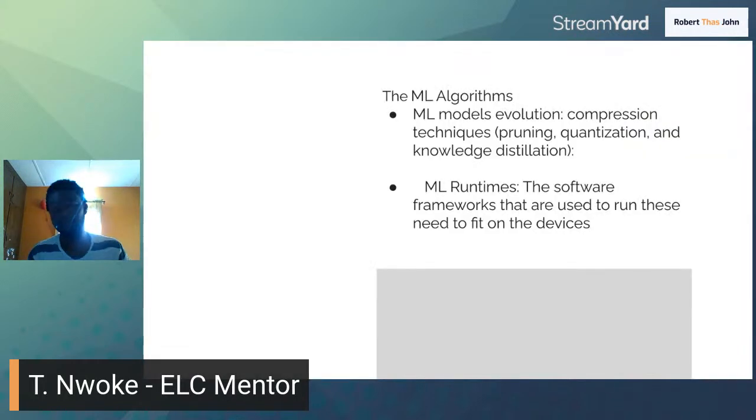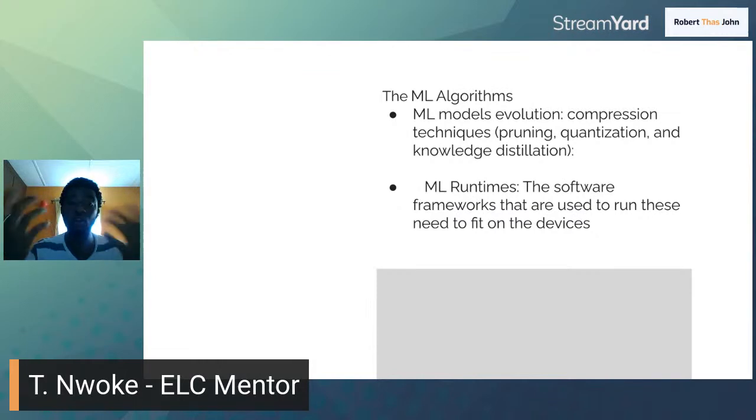Now, how can we do that? Since these ML algorithms are quite complex and expensive to run and to use, right? ML models, the ML algorithms, have evolved over time, and they keep getting larger, like I said. But we have techniques in place to compress and reduce the amount of computational values, or those numbers that run within our machine learning models.